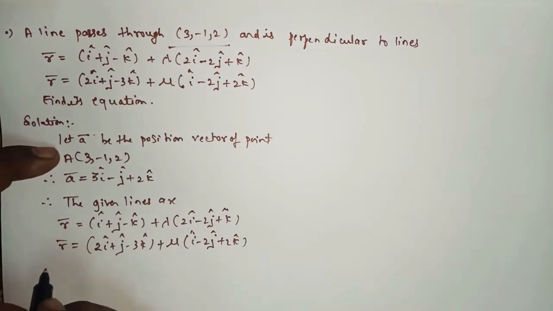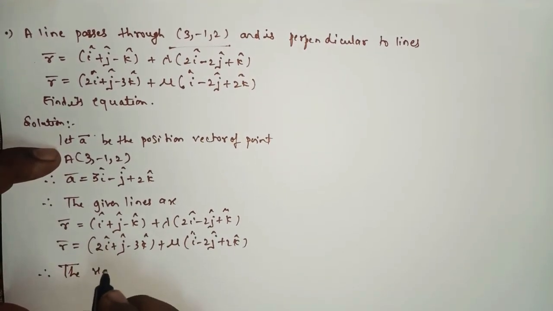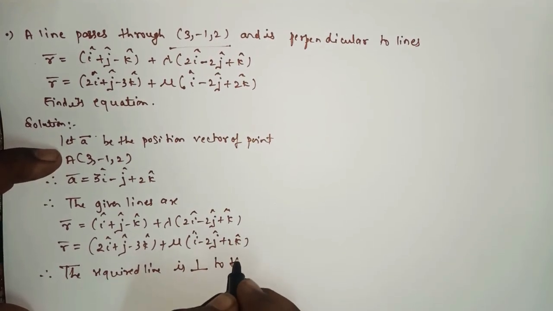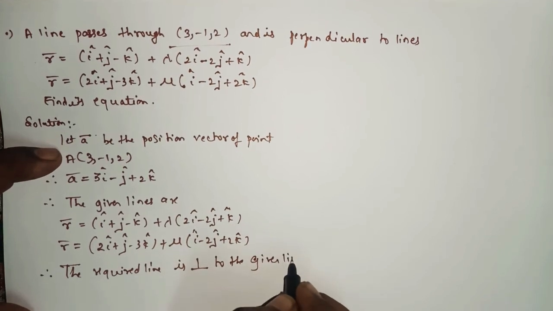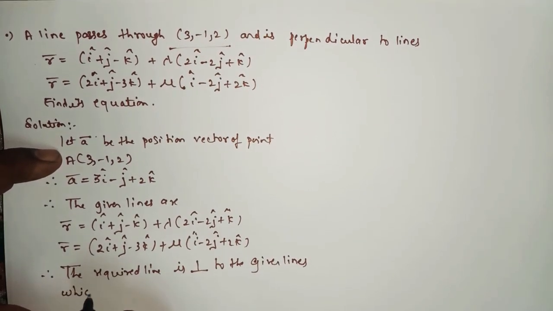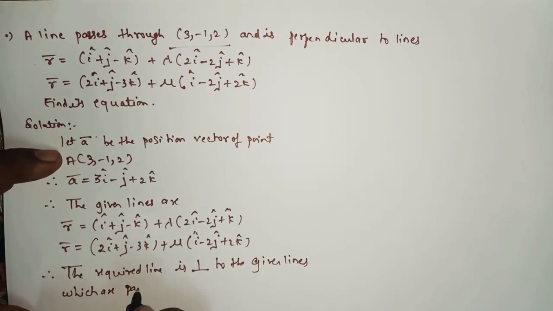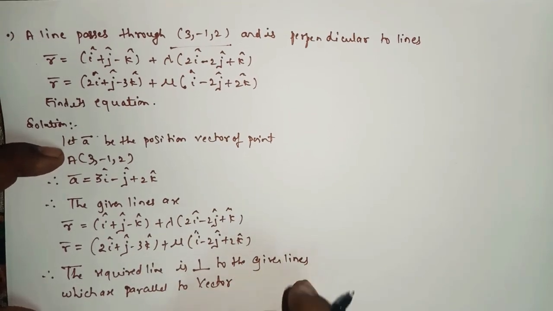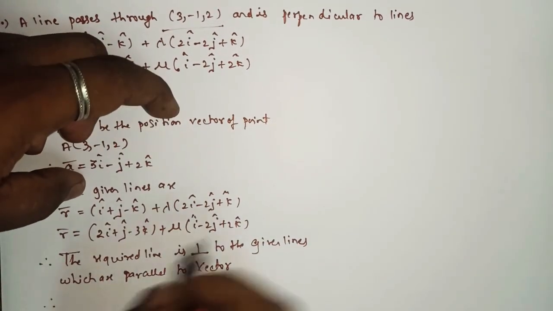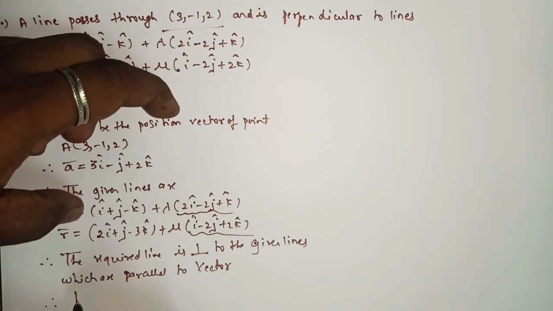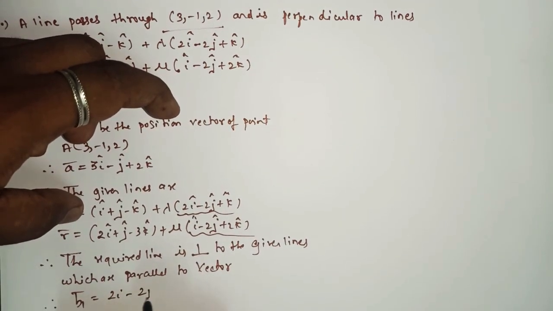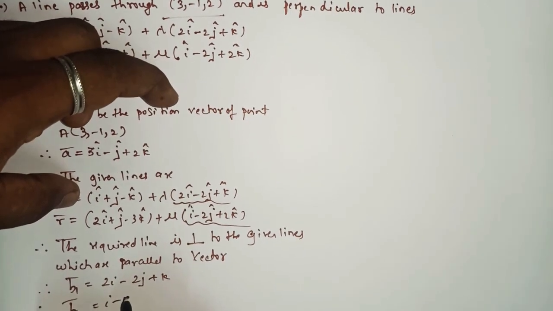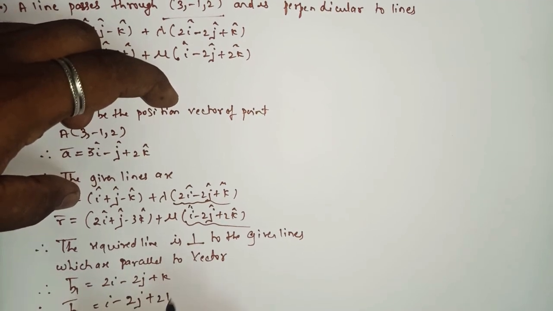Now we'll compare these two equations, as the required line is perpendicular to the given lines, which are indirectly parallel to the vector. Yes or no? So from here you will get b1 and b2. b1 is 2i minus 2j plus k, and b2 is i minus 2j plus 2k, yes or no?